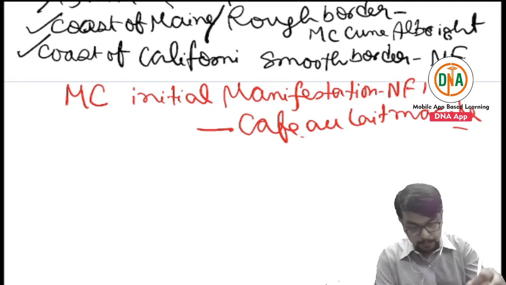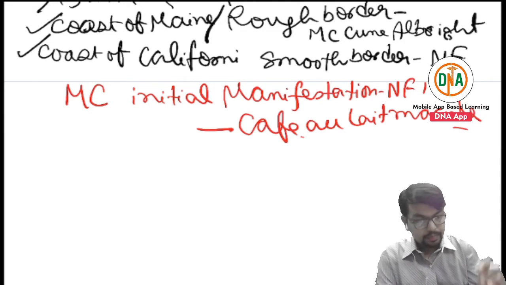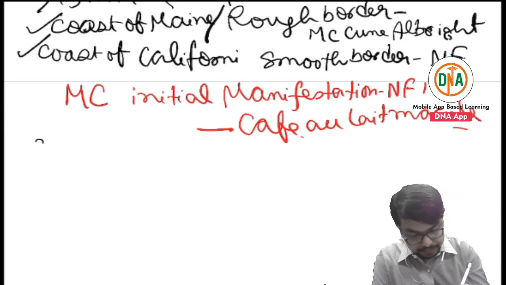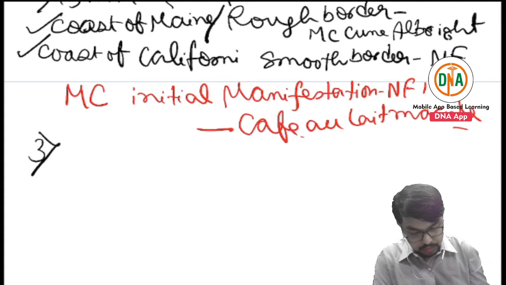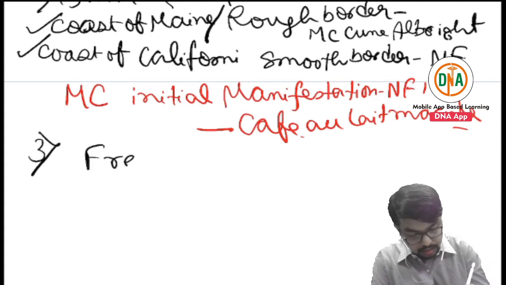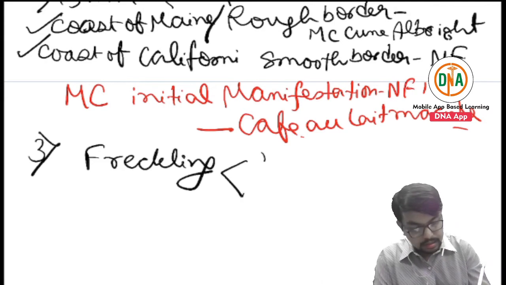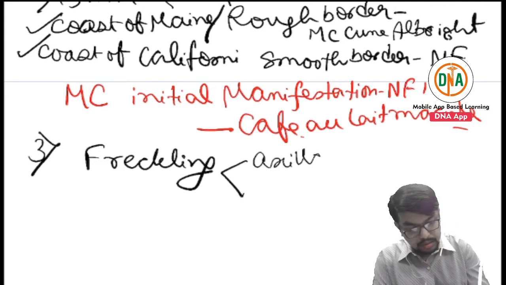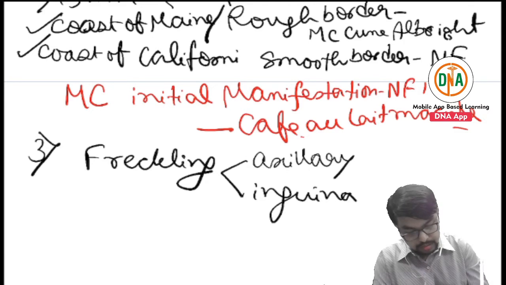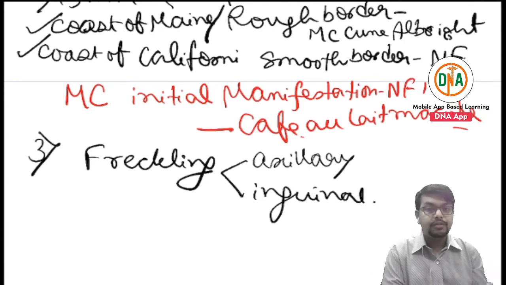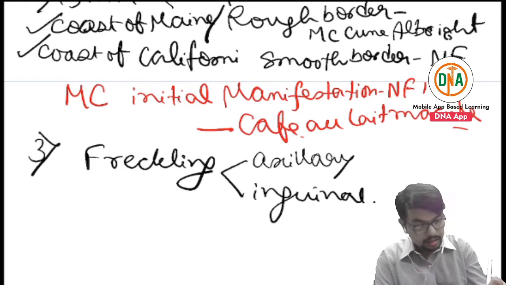Now, the third one: freckling. Axillary or inguinal freckles, if present, form a diagnostic criterion.